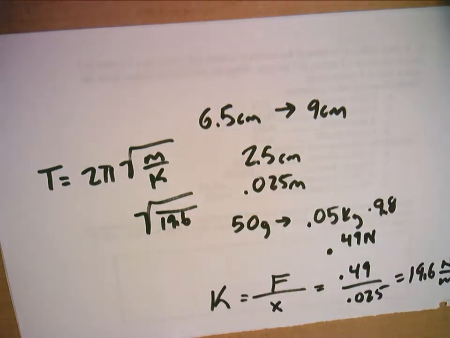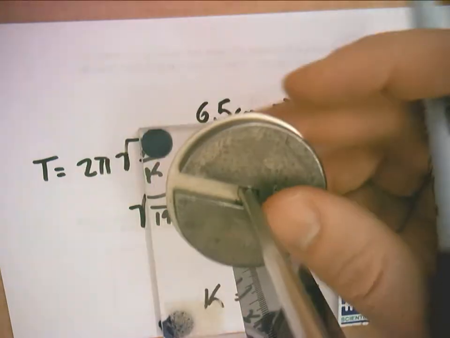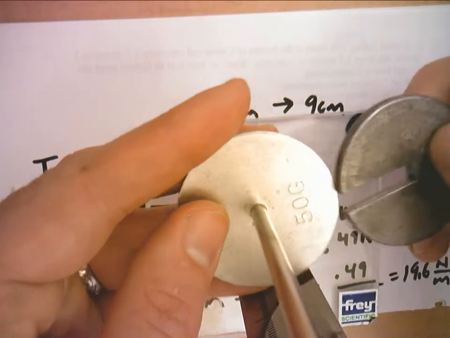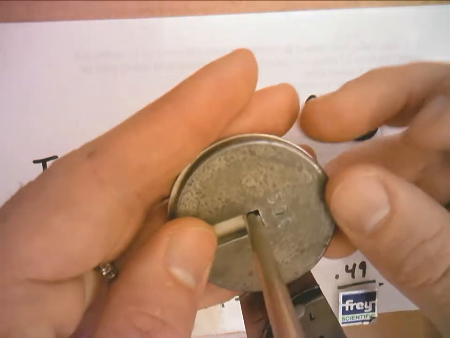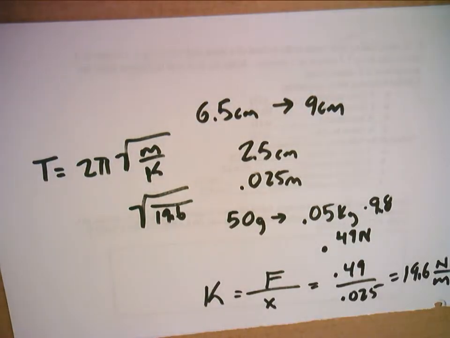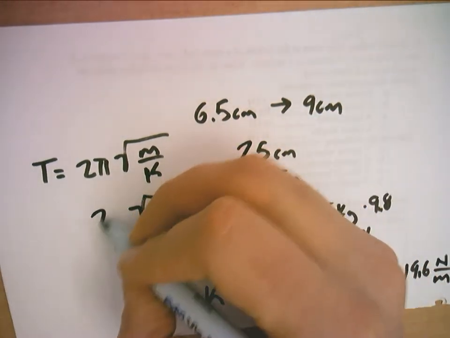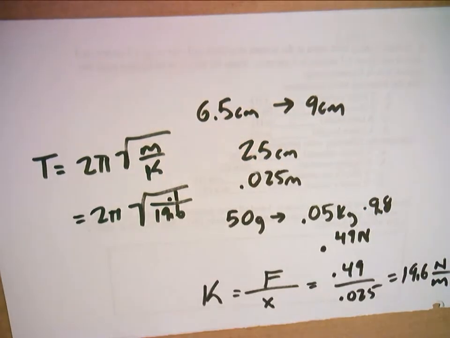Now, we have to be kind of careful here. We want to put in the entire mass, not just the mass of the hanging thing. If we look here, you can see that we have 50 grams plus 50 grams, or 100 grams for our mass. So that'd be 0.1 kilograms, multiplied by 2 pi, and that should tell me the time for one oscillation.